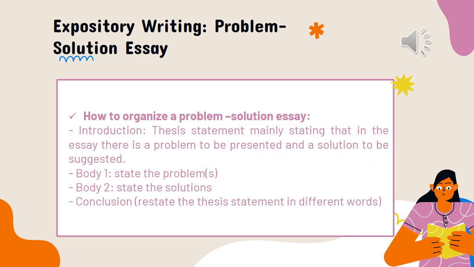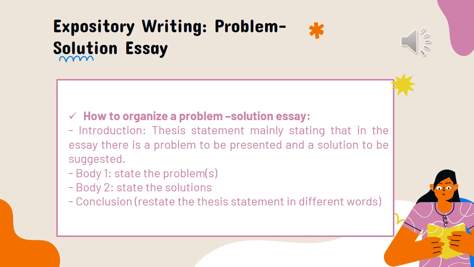Now the question is, if I'm going to write an expository writing, more specifically a problem solution essay, how am I going to organize it? How am I going to organize my ideas? Alright, so first we have the introduction. In the introduction, we write the thesis statement that should mainly be stating that in this essay there is a problem to be presented and a solution to be suggested.